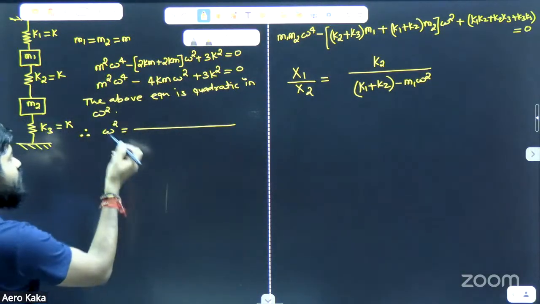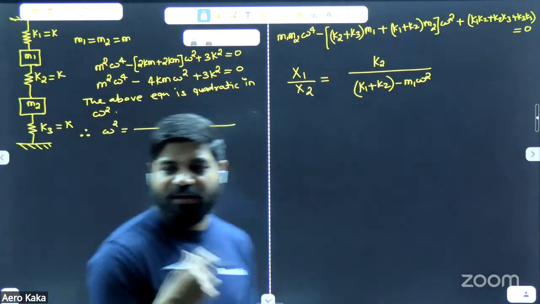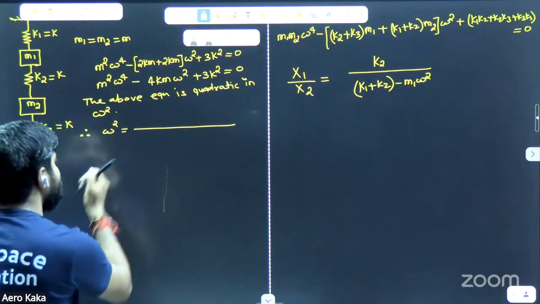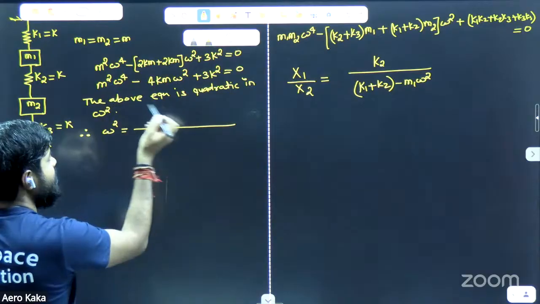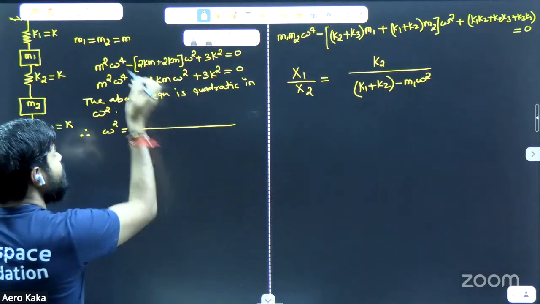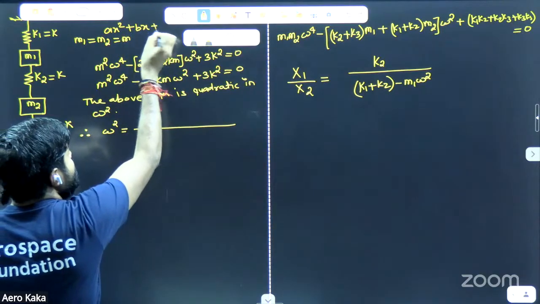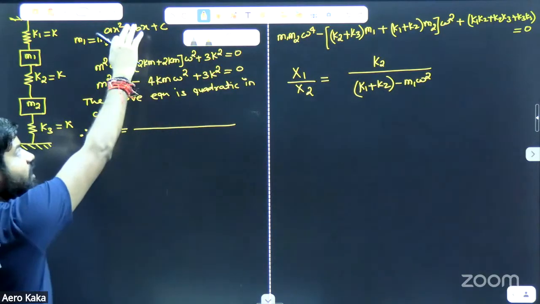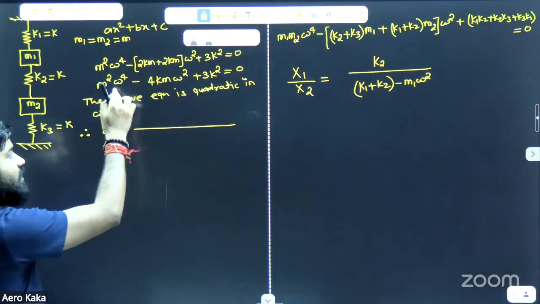So if you compare, let's say omega square is nothing but x here. Then what is it going to be? Minus b. So minus 4km. Okay, let me write here ax square plus bx plus c. That's a quadratic in what? It's a quadratic in x. Here, this equation is quadratic in omega square.